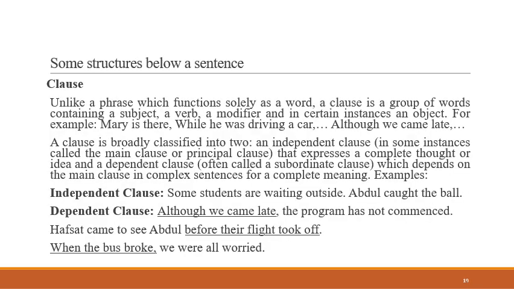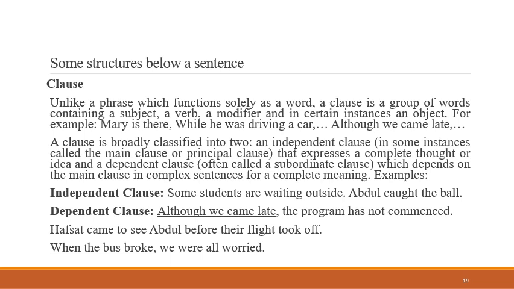Unlike a phrase, a clause is a step above a phrase and it has a subject and a verb. A clause is also a group of words. For instance, Mary is there, while he was driving a car, although we came late.